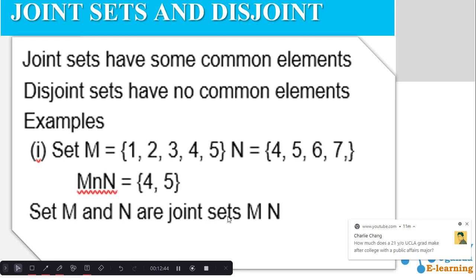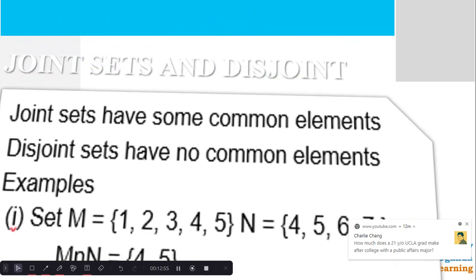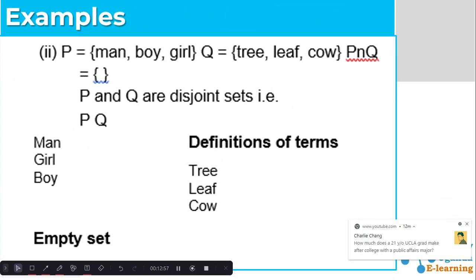So to conclude, they were able to say that sets M and N are joint sets. Let's also proceed to the disjoint sets. Here they gave us a kind of example, which is our example number 2.